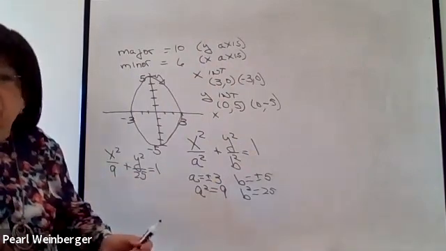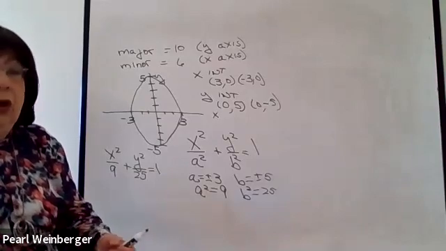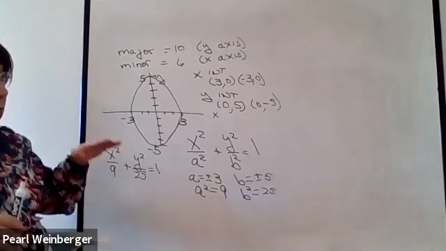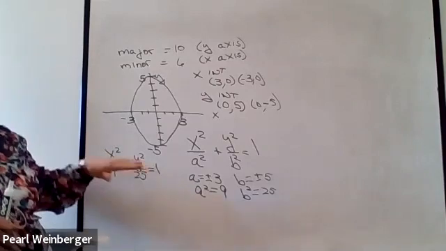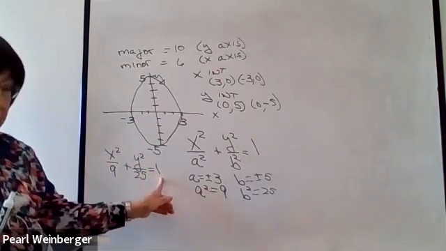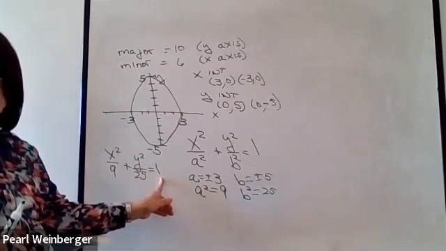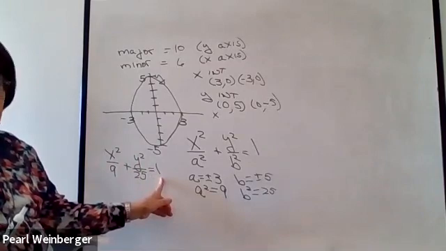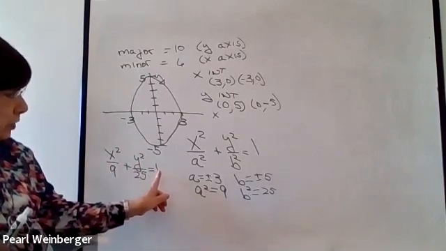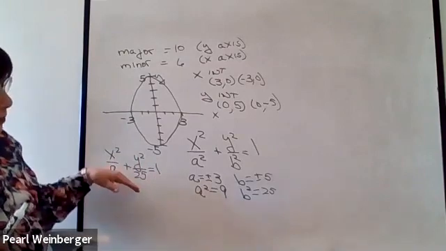And basically, this is all you need to know about an ellipse. You should be able to look at an equation. If it's not in standard form, put it in standard form by dividing by the number that's on the other side of the equal sign. If it's not 1, you've got to get it equal to 1. So divide everything by that number.